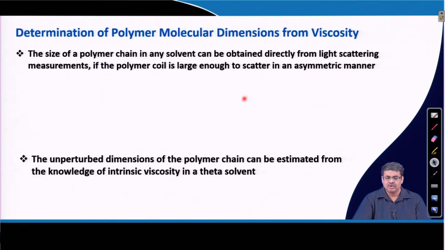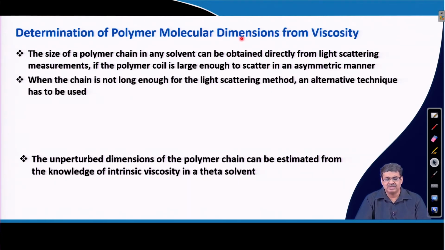Now, we can use viscometry or viscosity measurements to find out the molecular dimension. The size of the polymer chain in any solvent can be obtained directly from light scattering measurement, if the polymer coil is large enough to scatter in an asymmetric manner. We will discuss that.